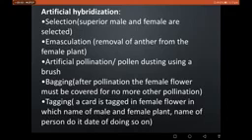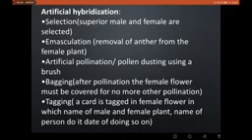So we must remove the anther from the female plant, because if the anther is present in such a flower, there is a chance of self-pollination. So in order to avoid such a chance, we must remove the anther from the female plant, and that process is known as emasculation.